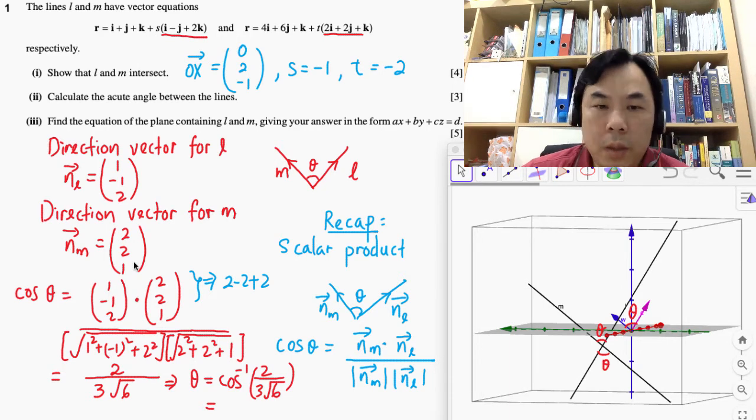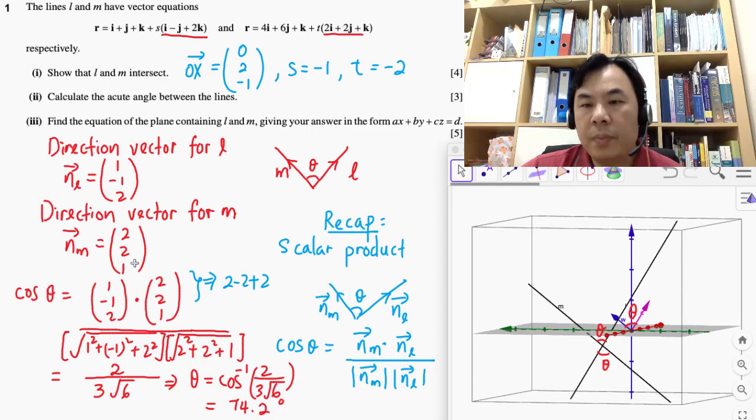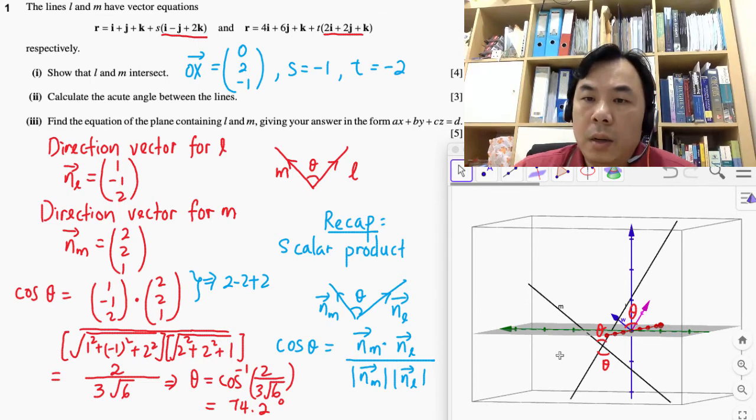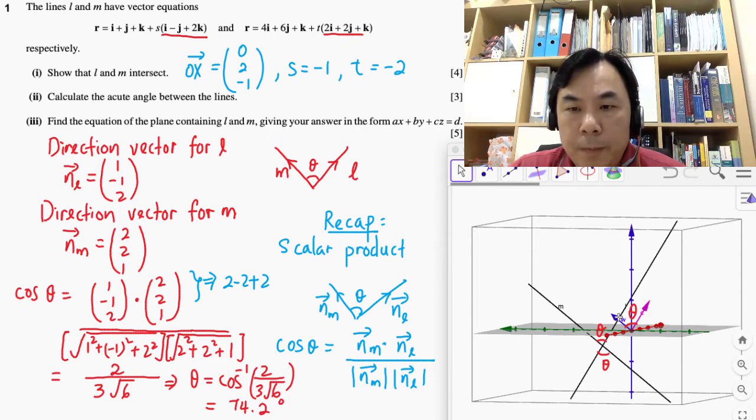From the calculator, I found that this is 74.2 degrees. Therefore, this angle 74.2 is less than 90, so that is the acute angle that describes the angle between the two lines.